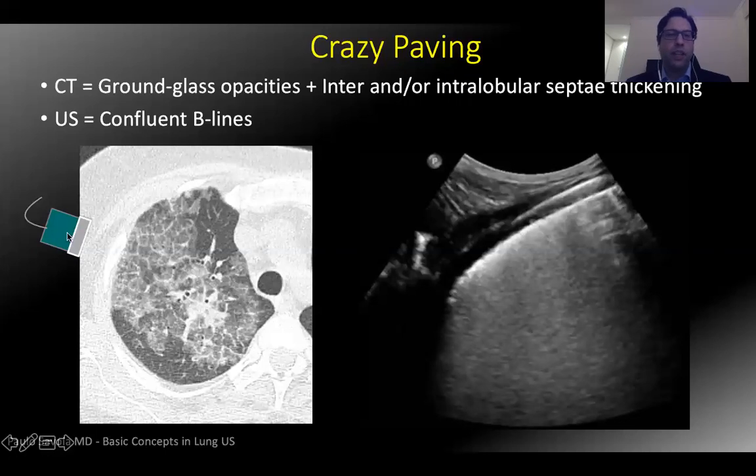Just like that. If you place here, you will see this image, a lot of confluent B lines, okay? So we cannot differentiate by ultrasound the crazy paving from the pure ground glass, okay? So pure ground glass and ground glass with inter and or intralobular septa thickened cannot be differentiated by ultrasound, okay? Crazy paving is also appearing in these COVID-19 cases, okay?